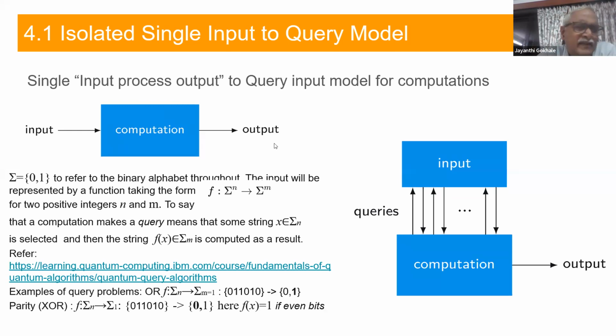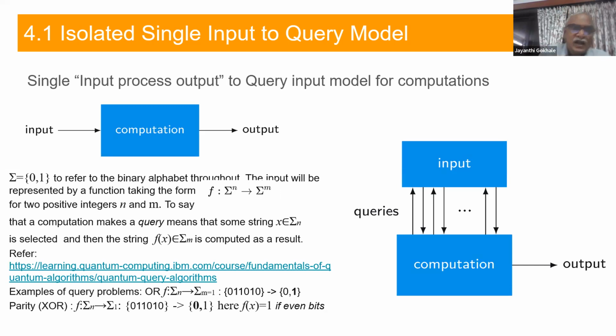The output once again is defined over the same alphabet 0, 1, and would be a string of zeros and ones of size m. In that case, I now define this computation as a functional relationship, like f is a function defined over sigma^n deriving down to sigma^m, where n and m are positive integer values.